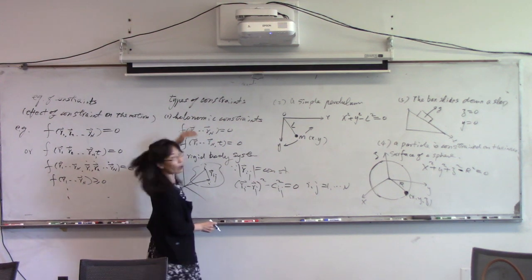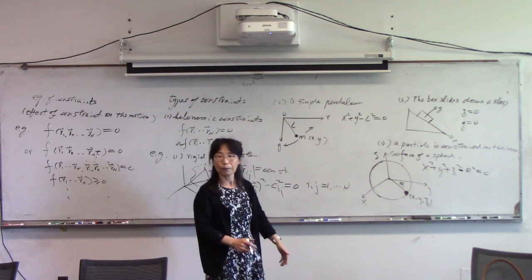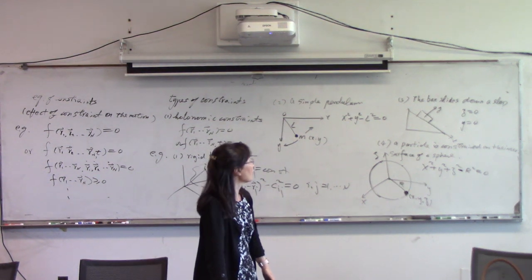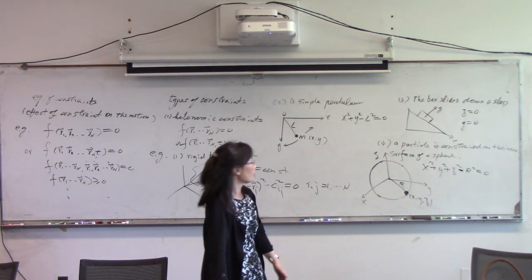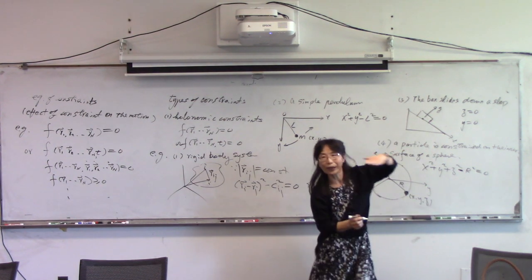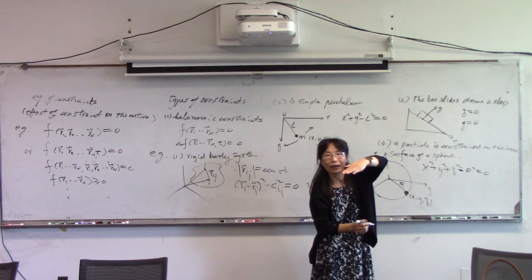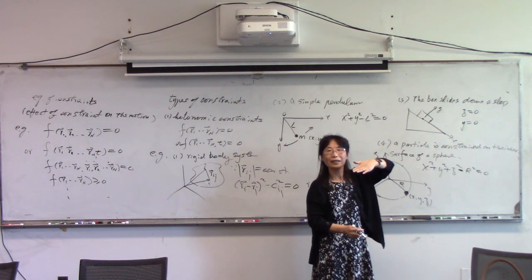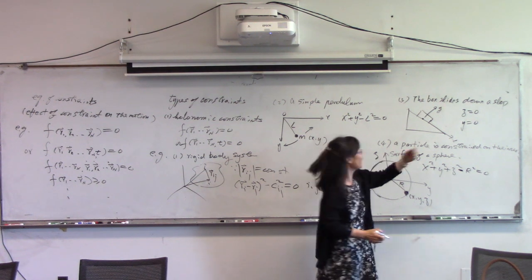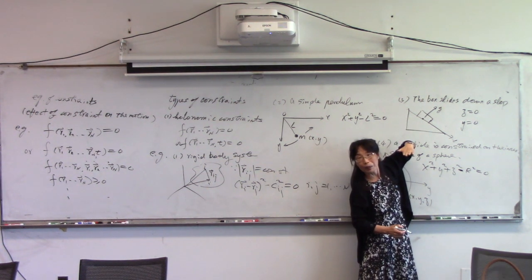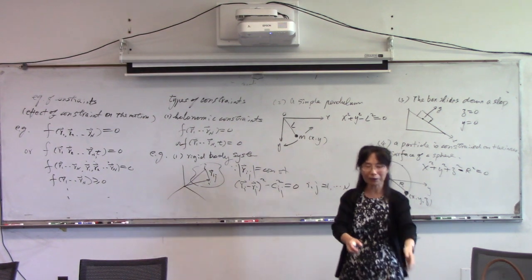That is polynomial. In the third example, you've written z equals 0. Why is that? Z is out of plane, perpendicular to this blackboard. Let me do it this way.